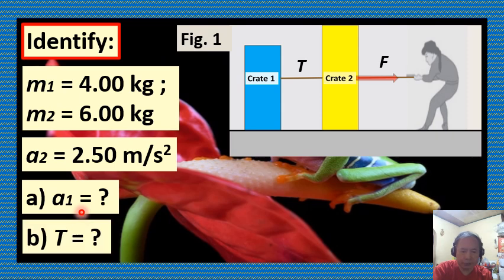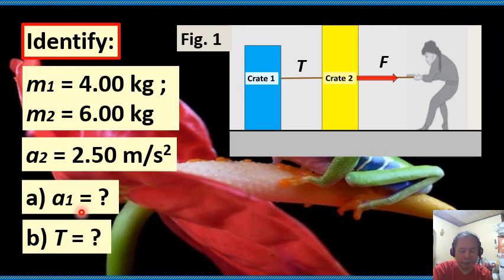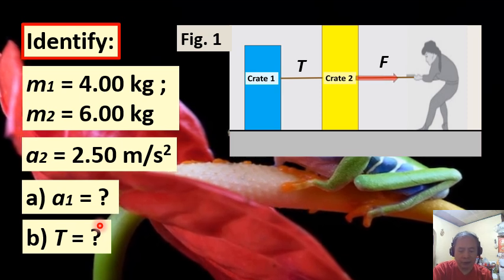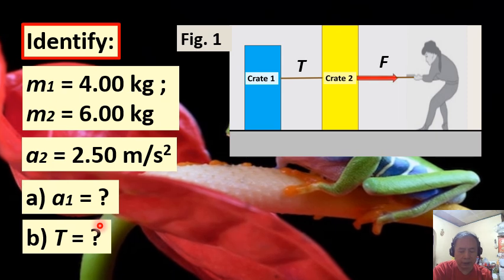In part B, we have the free body diagram for the 4.00 kilogram crate and the tension force capital T in the light rope that connects the two crates.